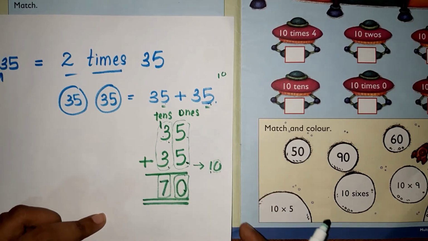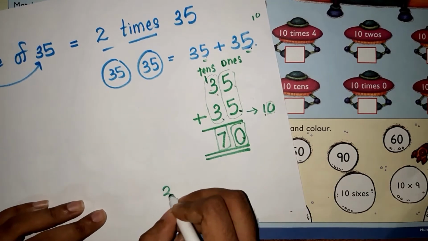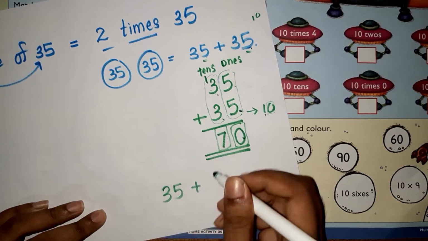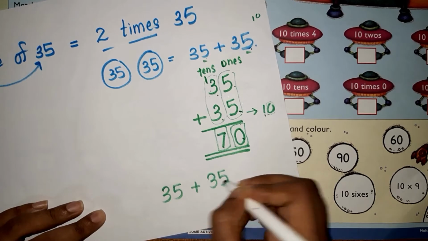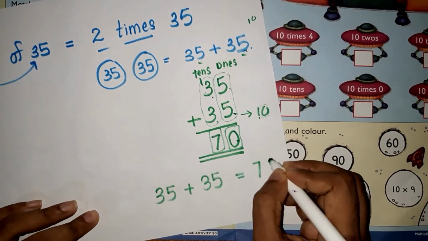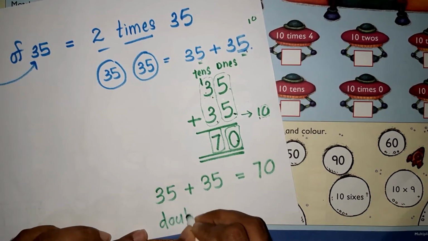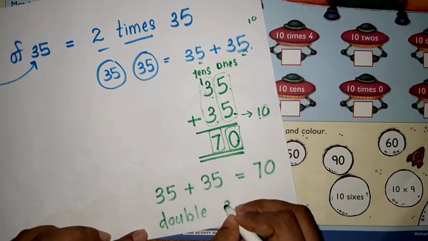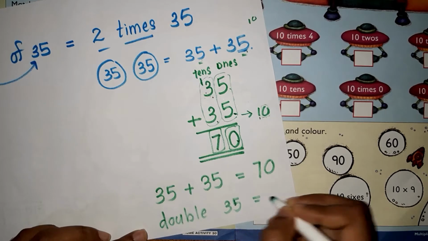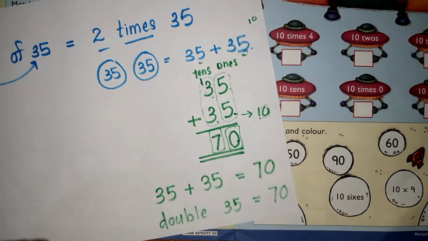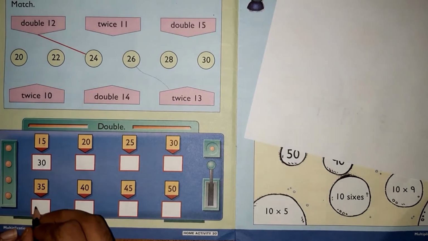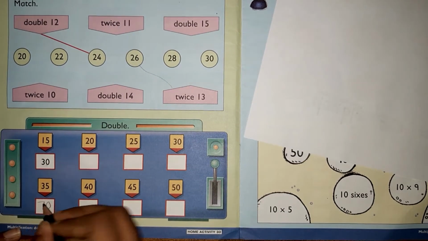Okay. So 35 plus 35, you have 70. So the double of 35 is 70. Okay, now you have to write the answer here, 70.